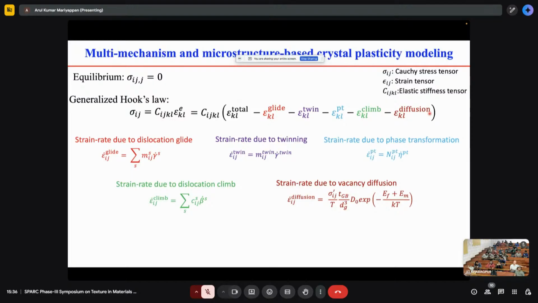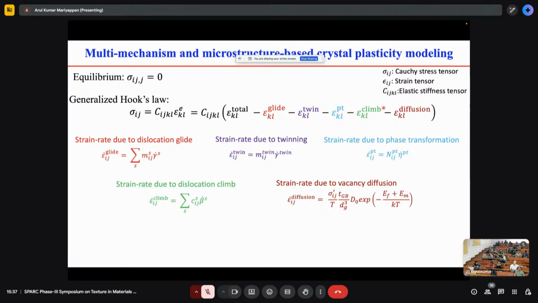Very often, in crystalline materials, we may have plastic strain due to glide mechanisms, that is dislocation glide, plastic strain due to deformation twinning, plastic strain due to phase transformations, plastic strain due to the dislocation climb process, and plastic strain due to diffusion mechanisms. The climb and diffusion mechanisms are often activated at higher temperatures and lower stresses. But glide, twinning, and phase changes can happen at room temperature to moderate temperatures, as well as at low strain rates to high strain rates.